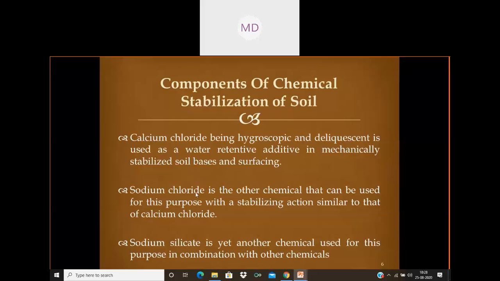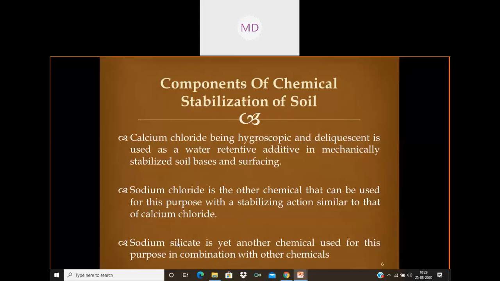Similarly, sodium chloride is another chemical that can be used for this purpose, with a stabilizing action similar to that of calcium chloride. Sodium chloride has almost similar properties to calcium chloride. Sodium silicate is also another chemical used for this purpose in combination with the other two chemicals.